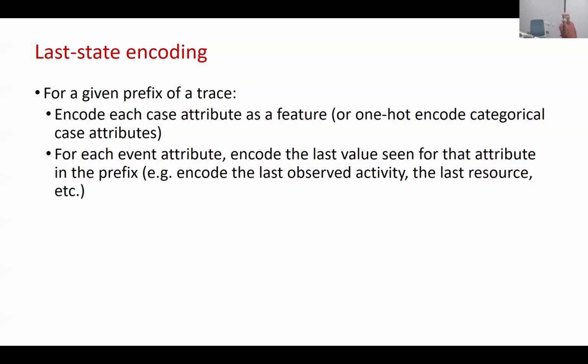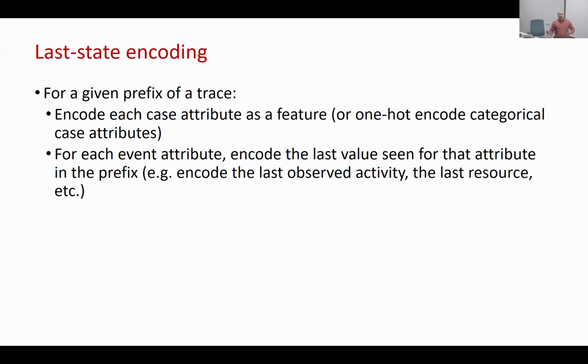From the prefix, you only take the last snapshot of it. And then you have a set of scalar values, integers or categorical values, and you can then move them into your feature vector straight away. The categorical ones can be one-hot encoded, of course.